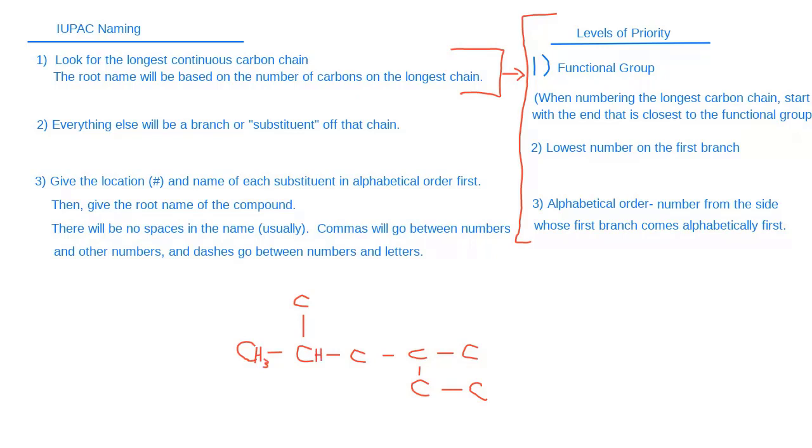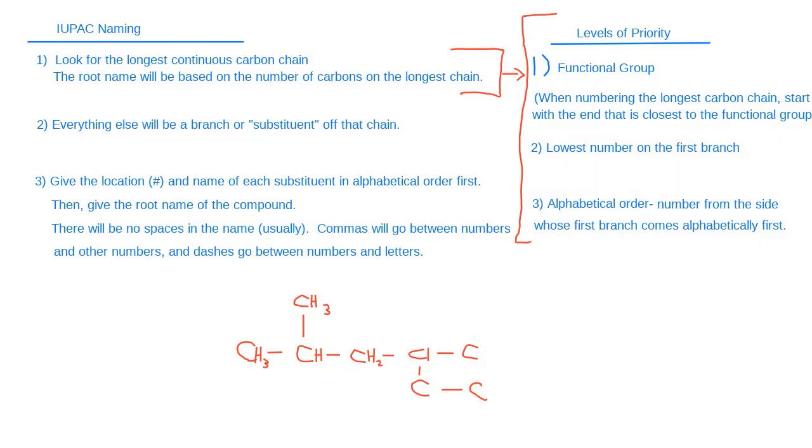Oh, by the way, that's another thing. When you're drawing these compounds, every carbon tends to have 4 bonds. So whatever bonds are not shown are going to be bonds to hydrogen. So this top carbon has 1 bond, so that means it should have 3 hydrogens. This carbon has 2 bonds shown, so it means it has 2 hydrogens.